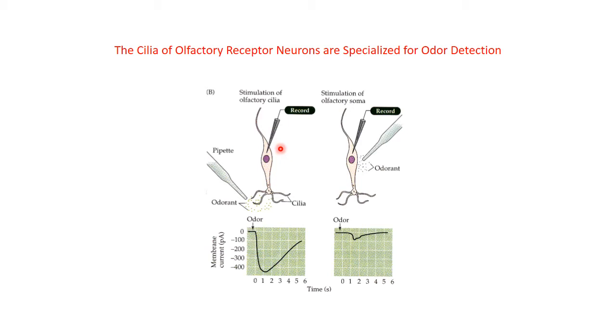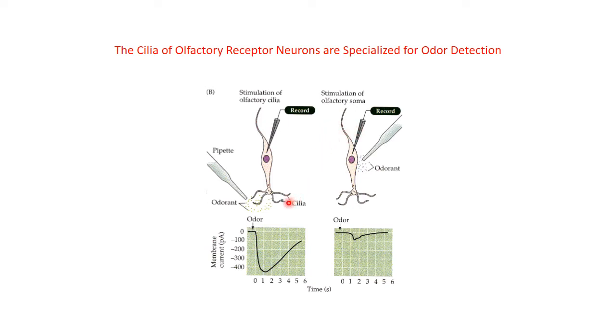The structural polarity of these olfactory receptor neurons is also reflected by a functional polarity. If one records electrical responses of these olfactory receptor neurons to very specific odorants, one finds that the odorants elicit big responses when applied to the cilia, but much smaller responses when applied either to the cell soma or to the distal end of these cells.